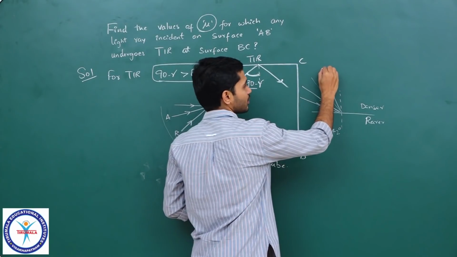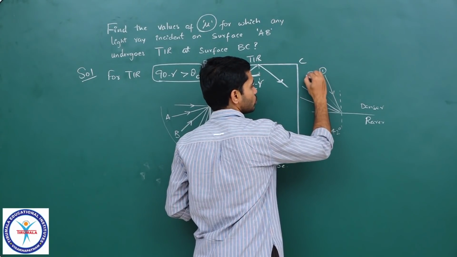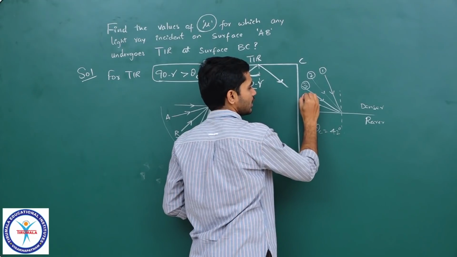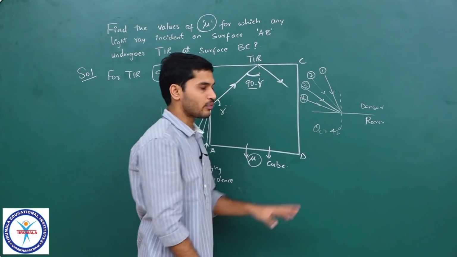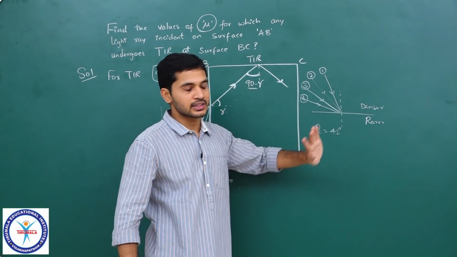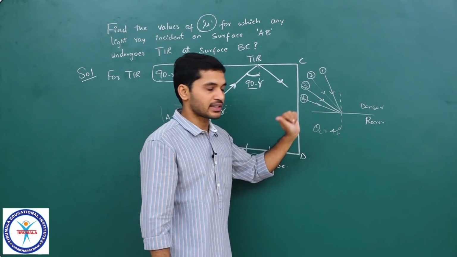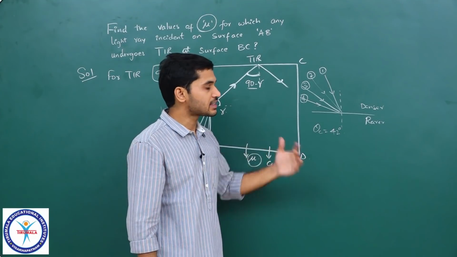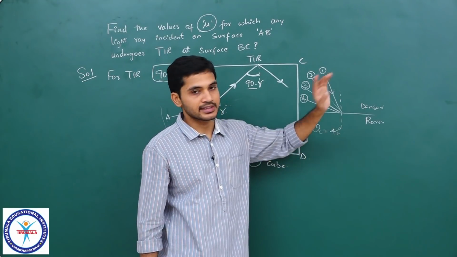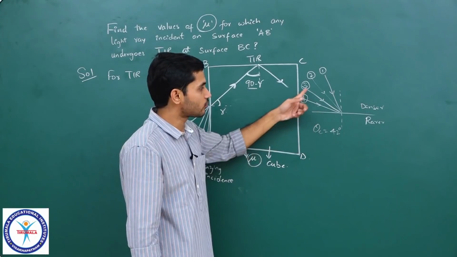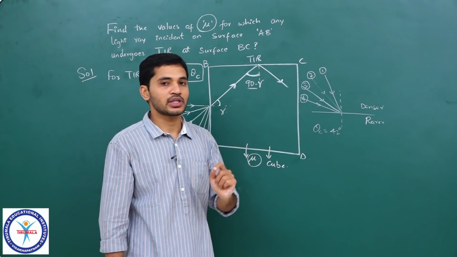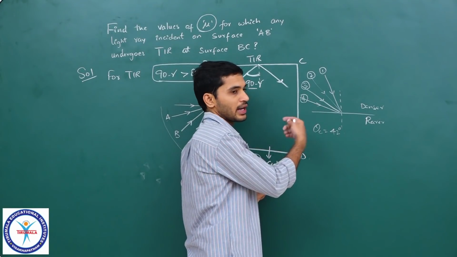So let me call them rays 1, 2, 3 and 4. Now I am not giving you any angles of incidence here, I am just going to ask you which of these 4 light rays has the least tendency to get reflected back. I mean, which of these 4 light rays has the smallest possibility to undergo TIR?